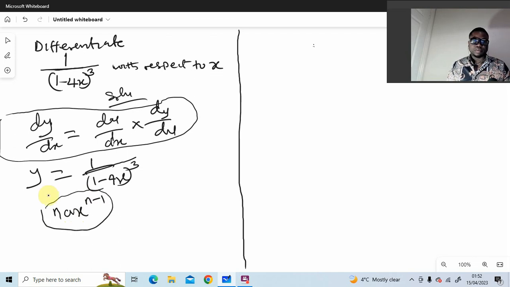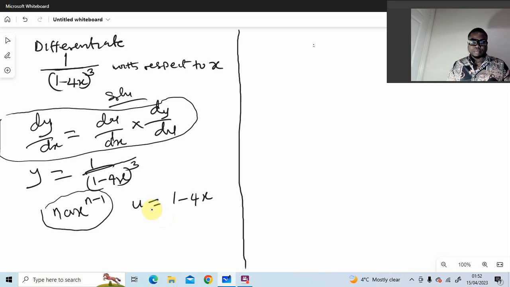It's very important. Now from this expression, we can substitute 1 minus 4x with u, because I introduced a third letter u. That means u should be equal to 1 minus 4x.